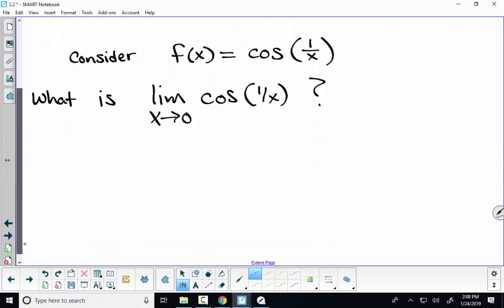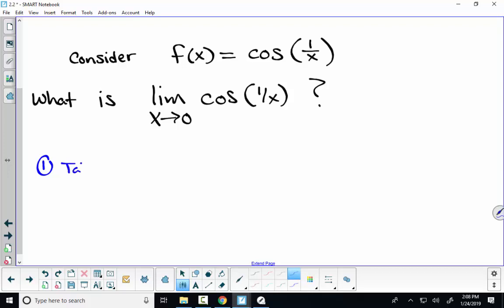So we might say, all right, well, let's just start off with a table of values. By the way, your calculator should be in radian mode, not degrees. Let's look at x and cosine of 1 over x.